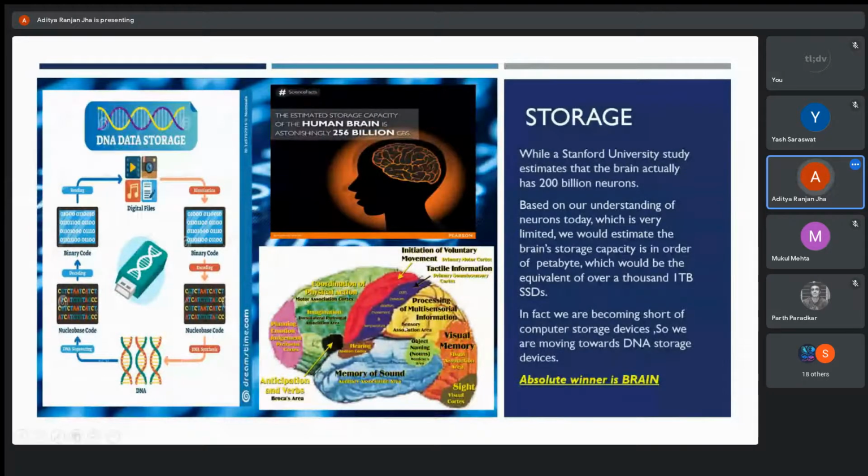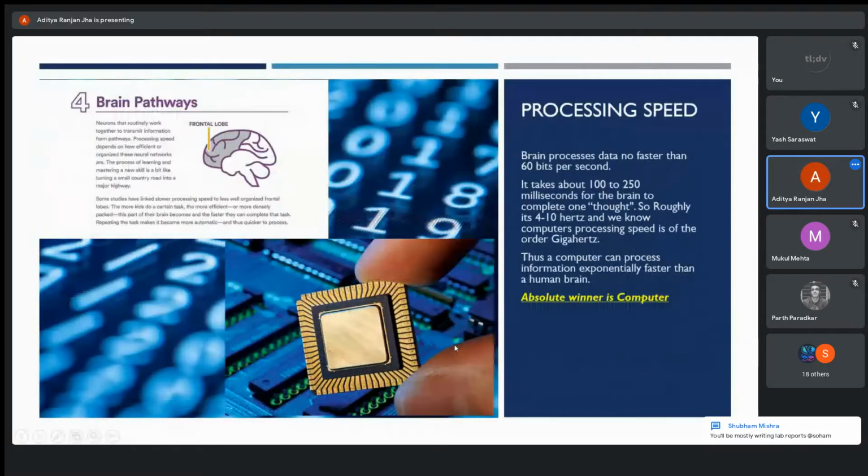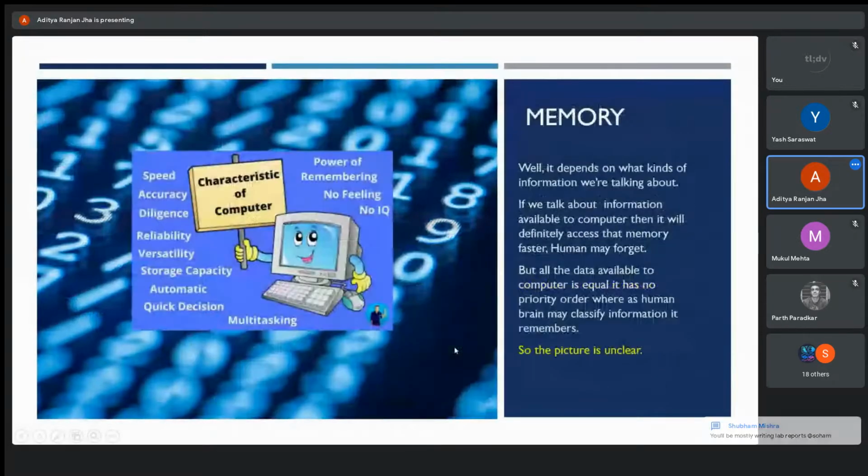If you want to access some information, like some memory of your childhood, maybe you would access it faster than your computer, because that is a classified memory. You have a priority order for that, a good memory, but the computer doesn't. Somewhat you can say the IQ of a computer is zero.